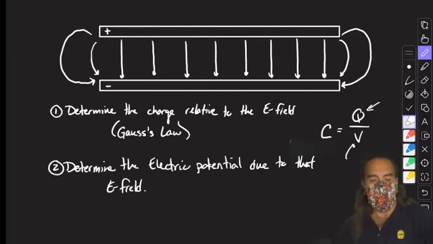So we're going to develop an expression for the charge in terms of the field and an expression for the electric potential in terms of the field. That's what we're going to do. That's how you determine capacitance.